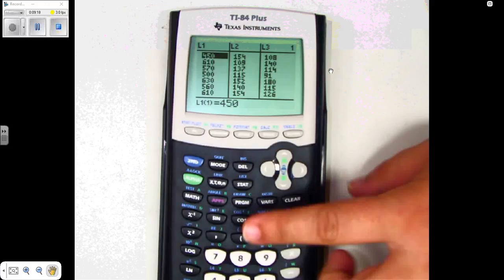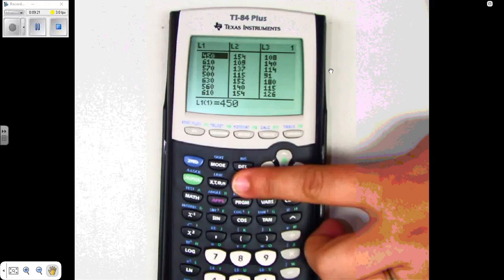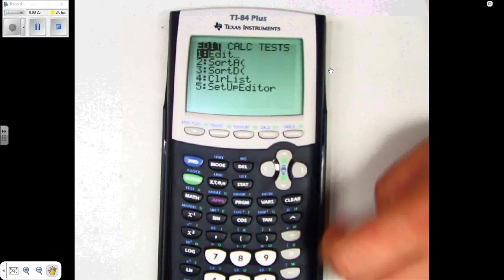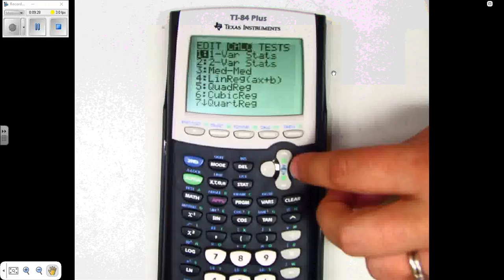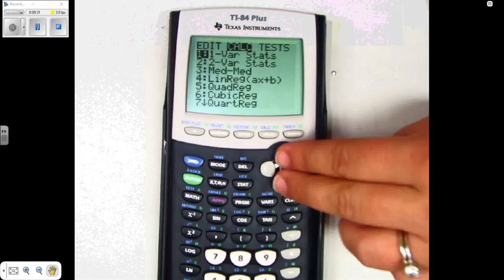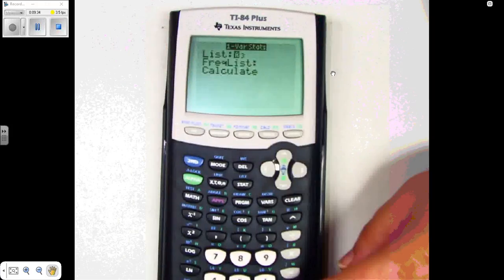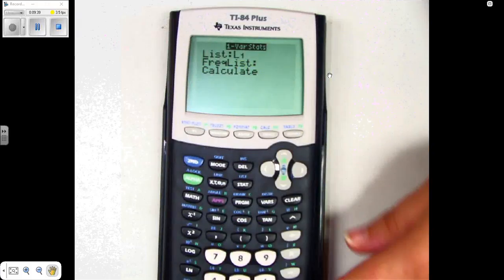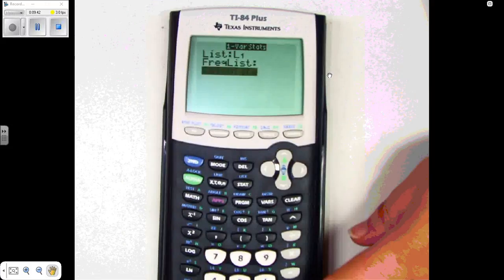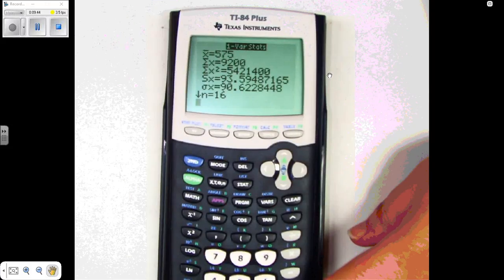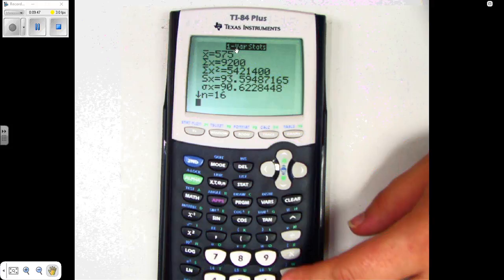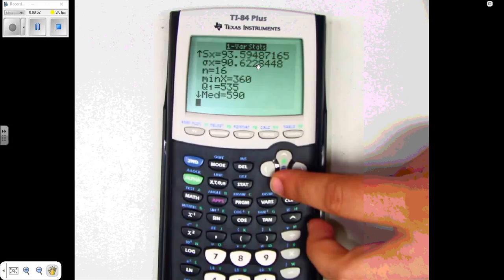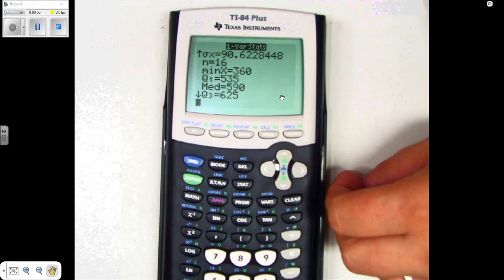After you enter your data into list 1, hit stat, and then instead of edit, which is for editing a list, I'm going to go to calculate, and then I'm going to calculate one-variable statistics, and I am going to use list 1. When I calculate, I get that the mean is 575. Scrolling down, the median is 590. So it just did 2 of those calculations for me.